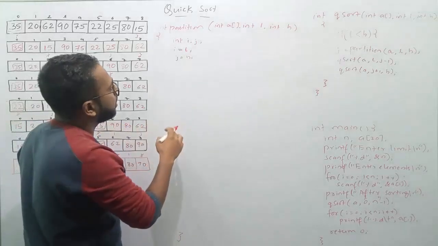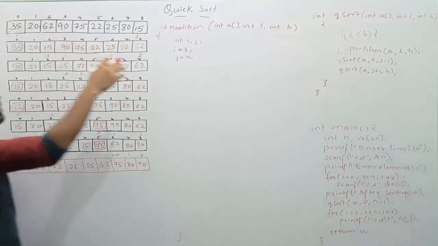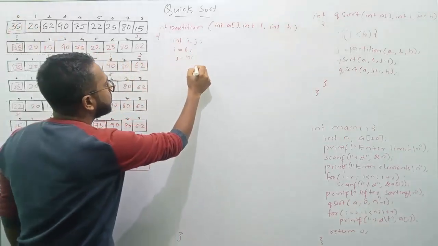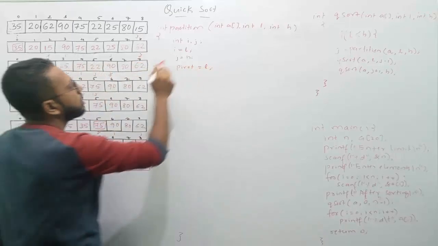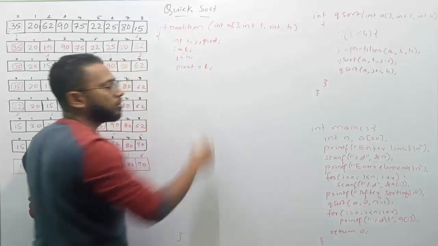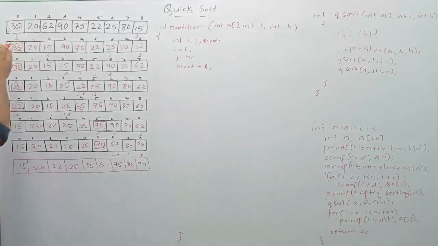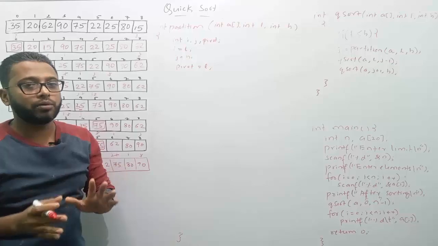The pivot element is the first element, that is index 0, and 0 we have stored inside low. So we just need to pass low to pivot. We need to consider one more variable, pivot. Now we need to check, is there any element on the left side which is either lesser than or equal to pivot.